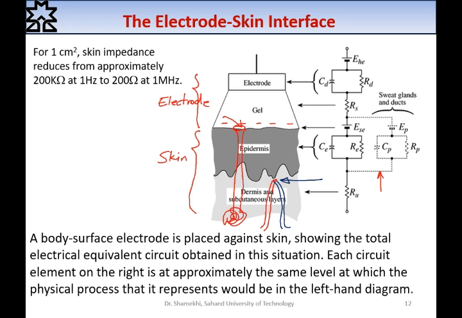Let me say this: the blood in the vessel and the sweat in the duct are a good conductive path, but the vessels are only under the epidermis layer, and the vessels cannot pass through the epidermis, but the sweat ducts can pass through the epidermis, and the sweat can reach the outer layer of the epidermis.